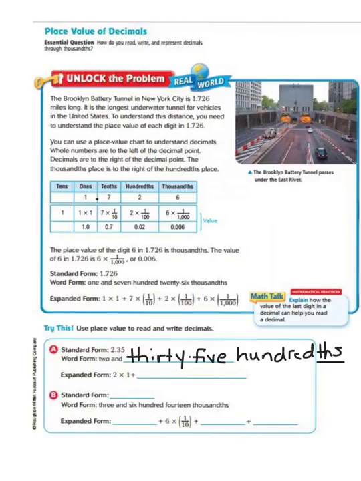Our expanded form is 2 times 1, because that gives us our whole number of 2, plus we have a 3 in our tenths spot, so that's 3 times 1/10, plus we have a 5 in the hundredths spot, so that's 5 times 1/100.